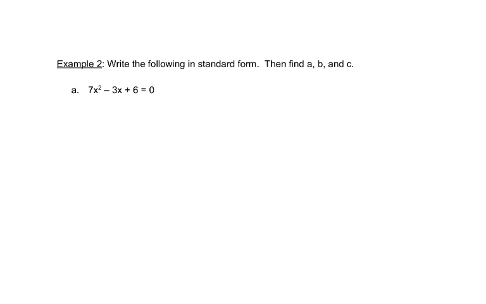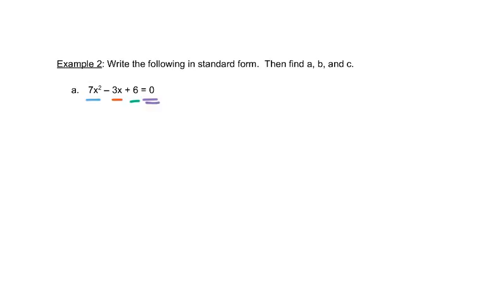Standard form of a quadratic equation has the x squared first, and then the x, and then the number, and it equals 0. So we need to write this in standard form and then find A, B, and C. So we need to have the x squared first, and it is, and then the x, and it is, and then the number, and it is, and then it equals 0, and it does.